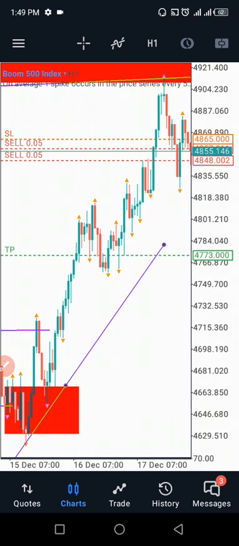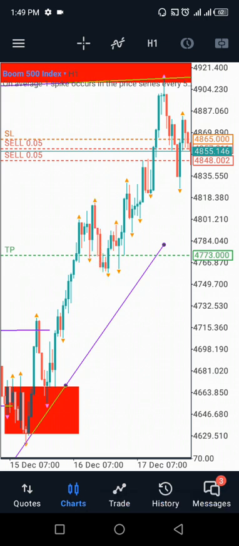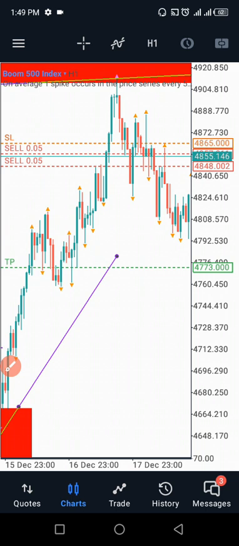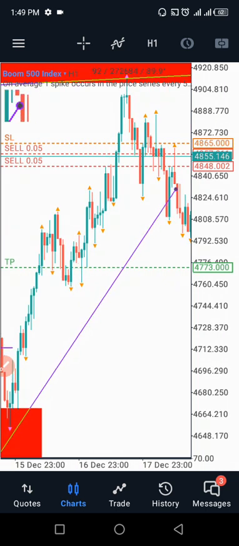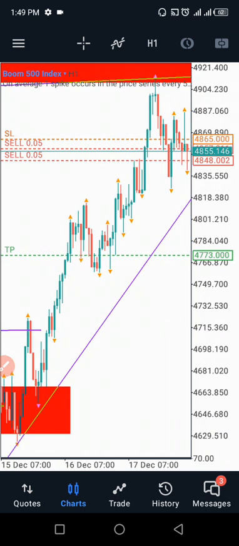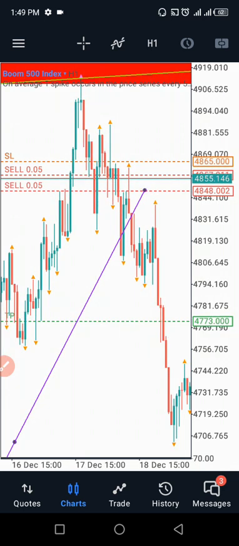So we notice that there was a retracement here, but it never came and tested this trend line. So we'll just keep on adjusting it to see if it will respect it again. Okay, so we saw that it never did respect it.